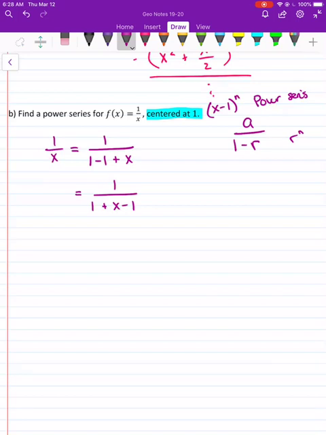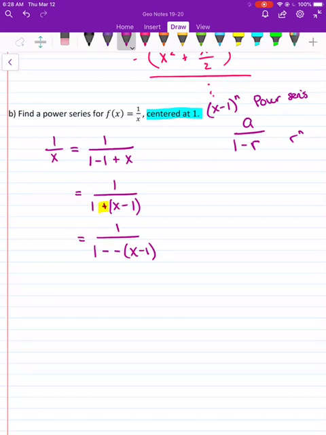Then I want it to be 1 minus, so I'm going to factor out a negative. Actually, I'm not even going to factor out a negative. I'm going to write this plus sign here as a plus a negative, if that makes any sense. So I'm going to rewrite this as 1 over 1 minus a negative x minus 1, right? Because there's an invisible set of parentheses here. So that's what I did there.